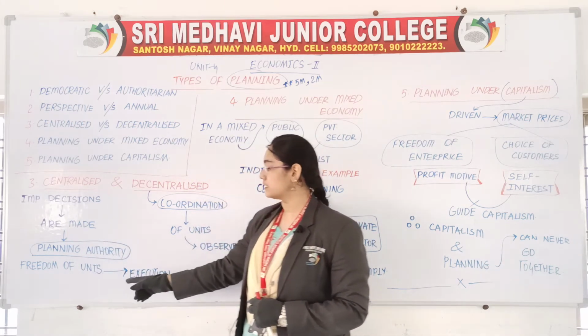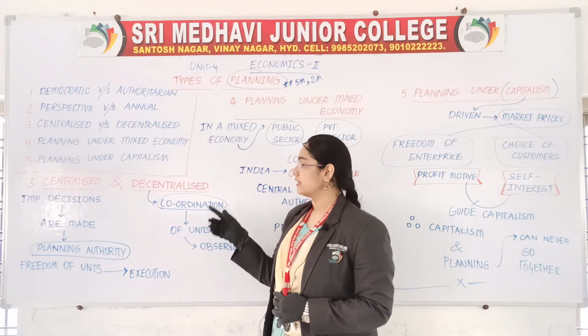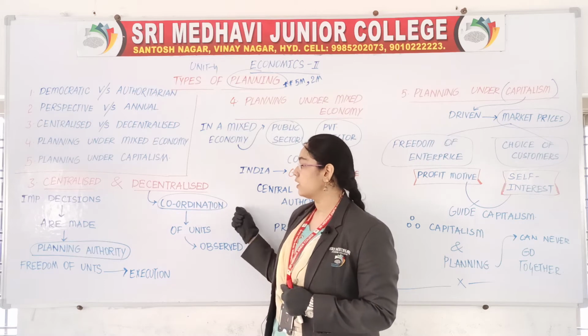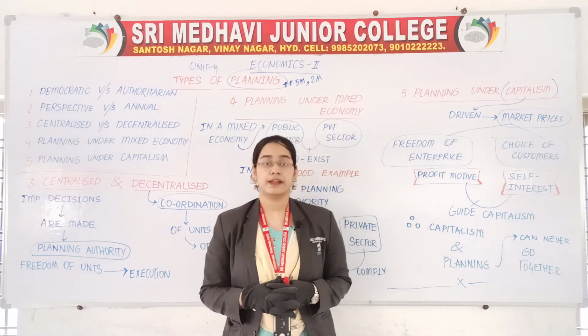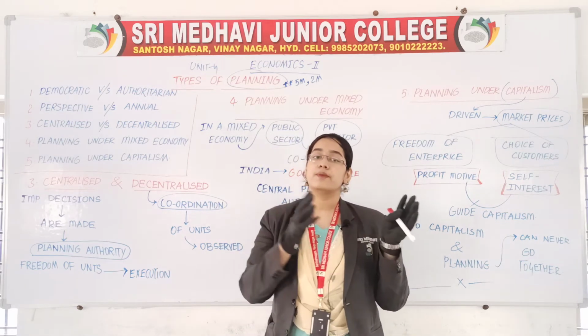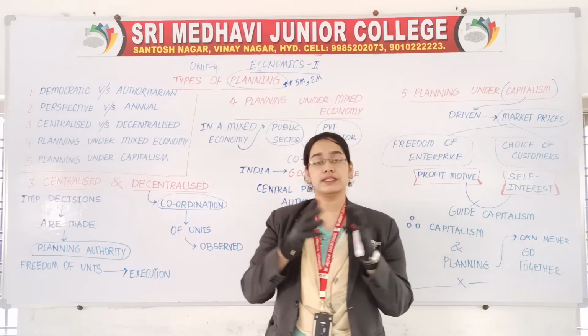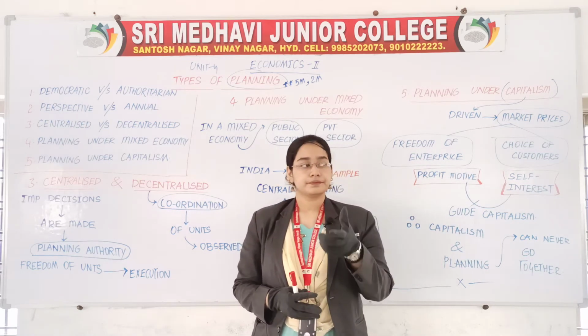Freedom of units is there in execution. Then coming to decentralized planning, coordination of units is observed. Now maybe you did not understand these two concepts, what is centralized and what is decentralized planning. Let me give you an example.